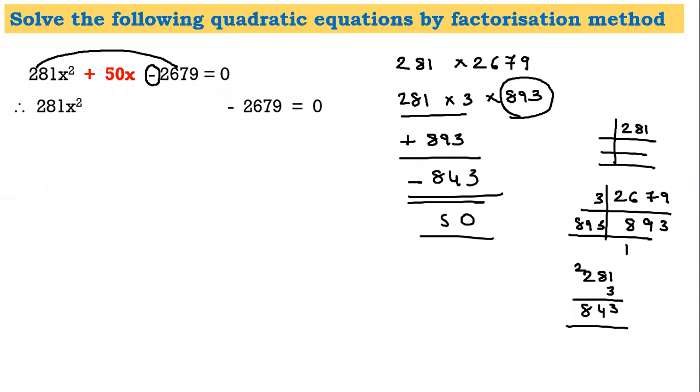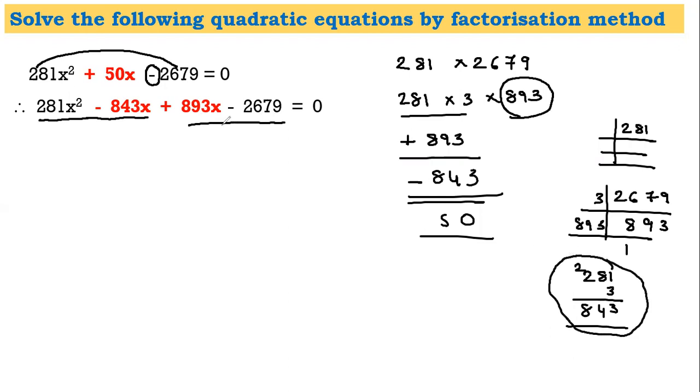281x square and minus 2679 as it is. Plus 50x would be written as minus 843x and plus 893x. Now students, here purposely I've been careful because I know common could be an issue here. I have taken purposely 843 first here. There was a reason, because I know 281 into 3 is 843.